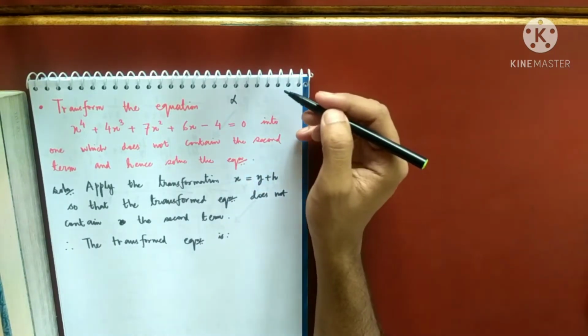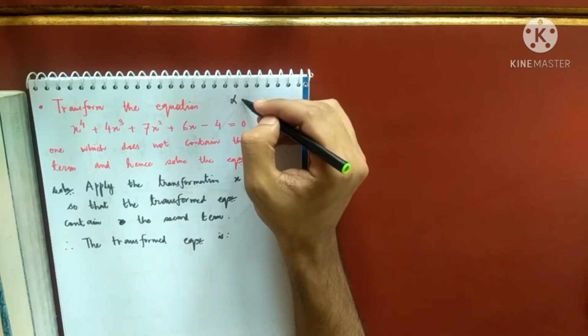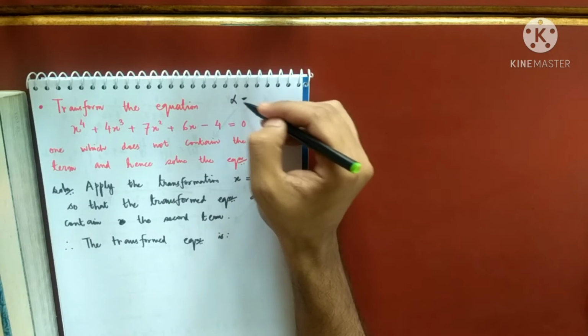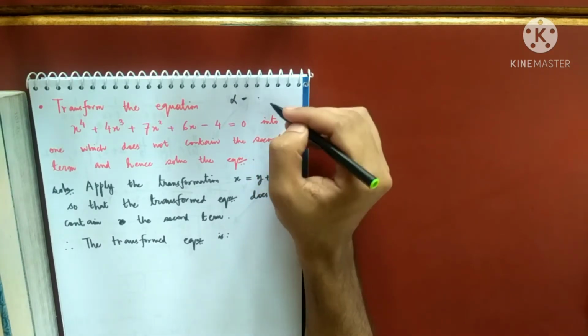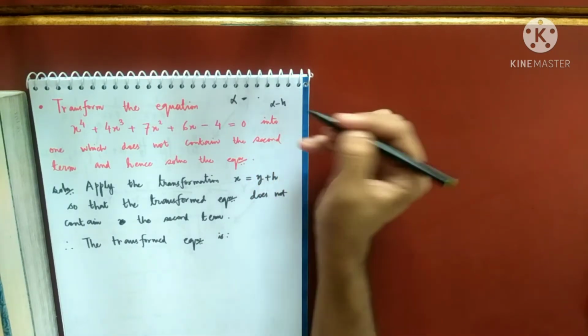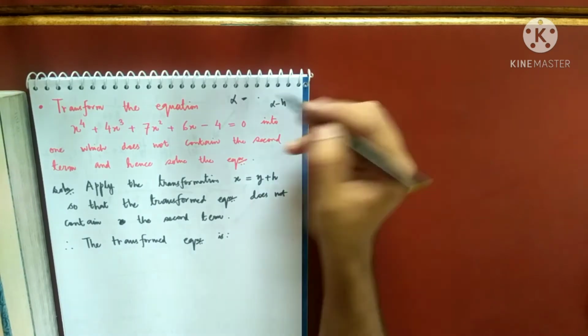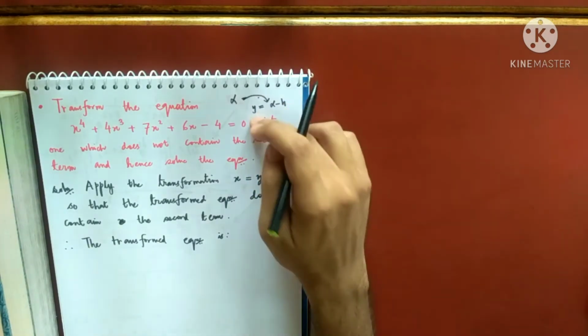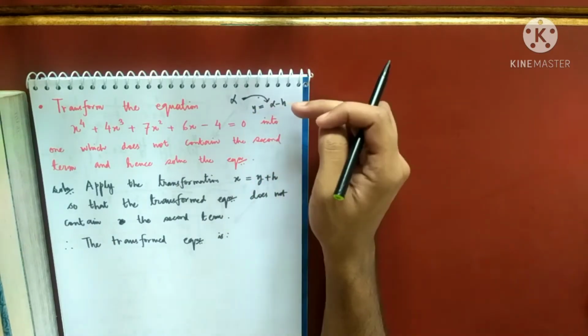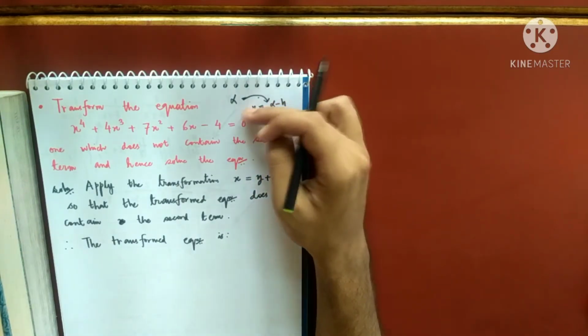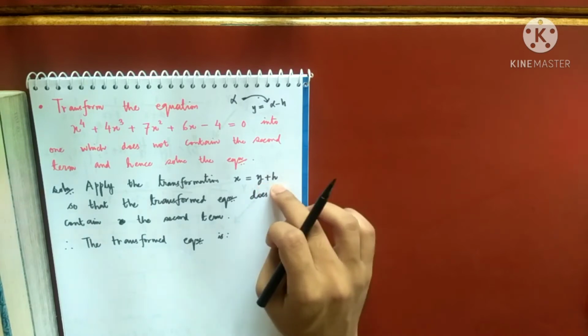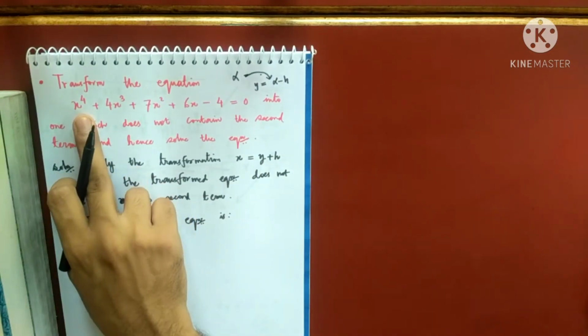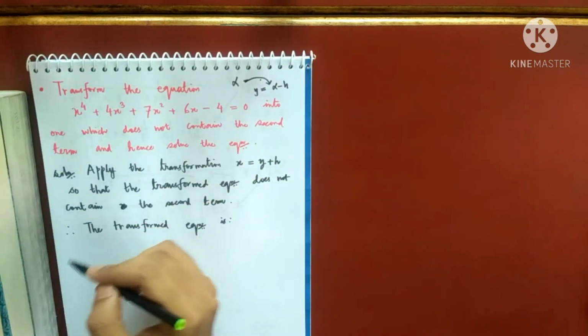We are applying the transformation y equals alpha minus h. I'm finding an equation whose roots are alpha minus h. I'm calling this y. So what will be alpha? Alpha equals y plus h. That is what I have written somewhere here. So instead of alpha, you put y plus h.